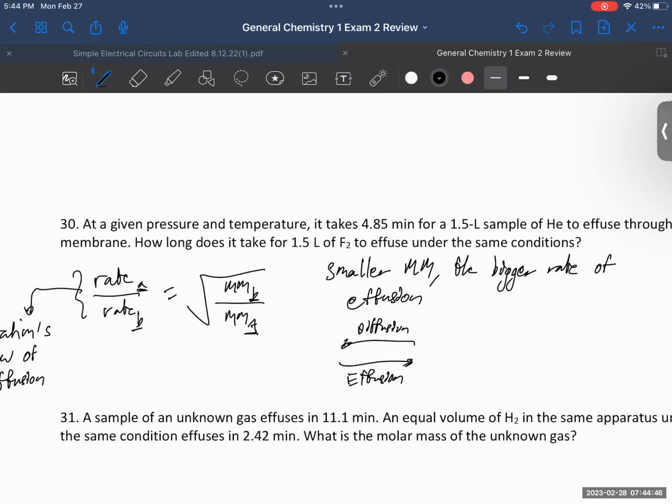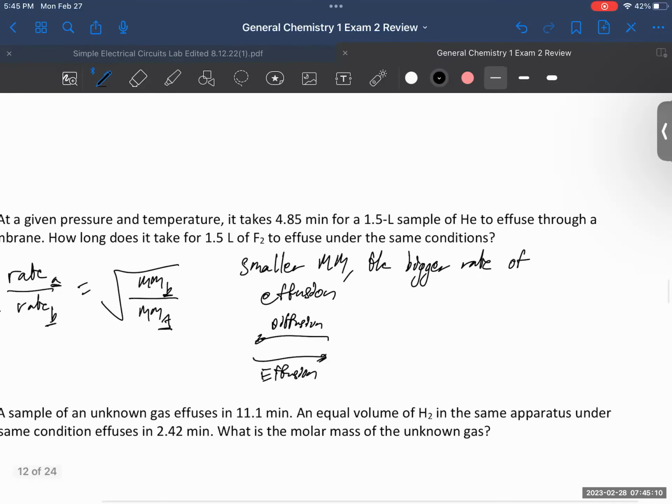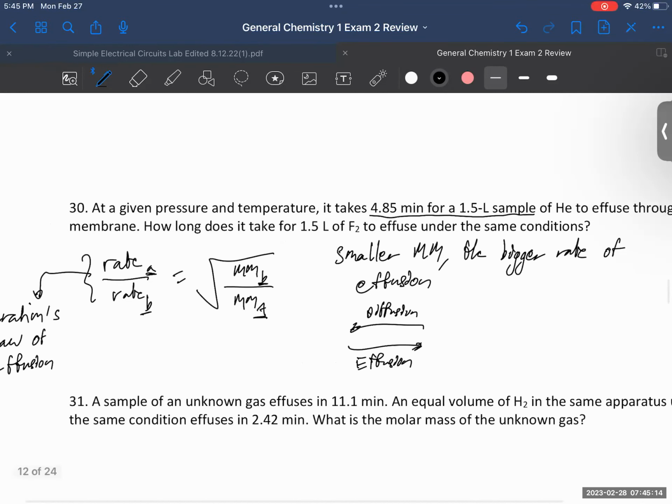Yeah, so it wasn't really that bad, right? Yeah, we can definitely do this problem. So at a given temperature and pressure, it takes 4.85 minutes for a 1.5 liter sample of helium to effuse through a membrane.